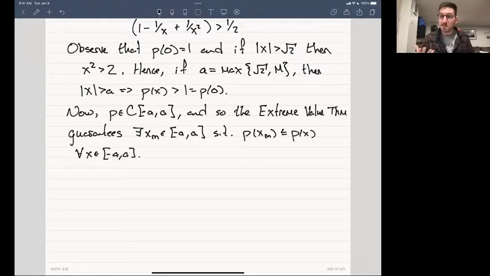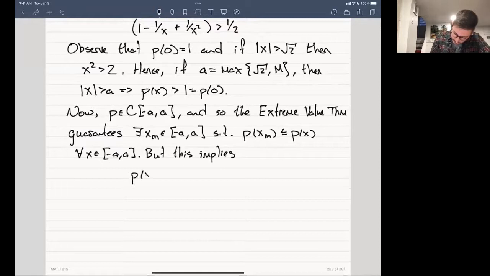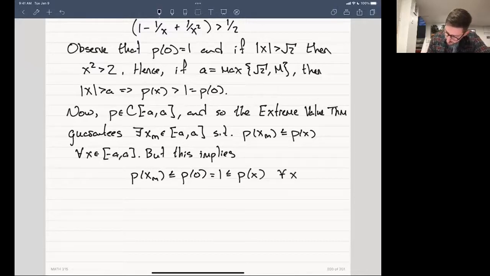But you know what's in minus a to a? 0. So this implies that p of x sub m is less than or equal to p of 0. Again, that comes from the extreme value theorem, which is equal to 1, which is less than or equal to p of x for all x outside of that interval.